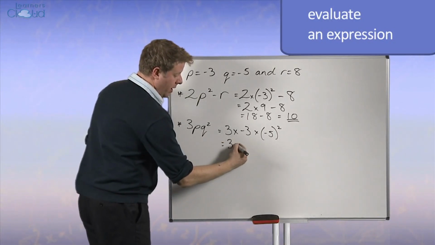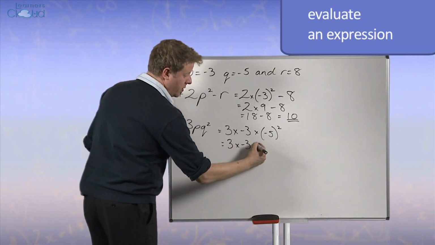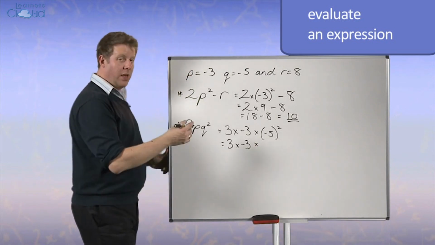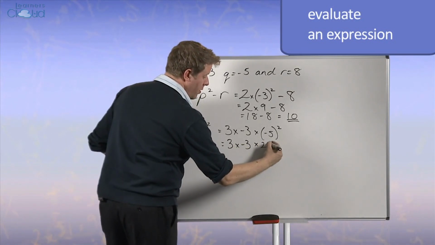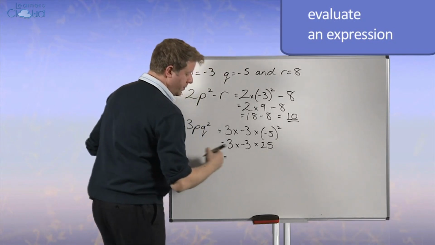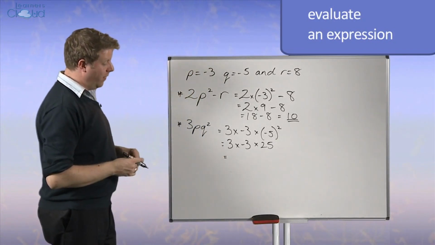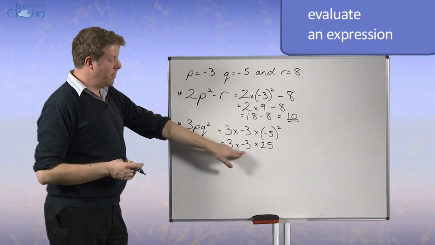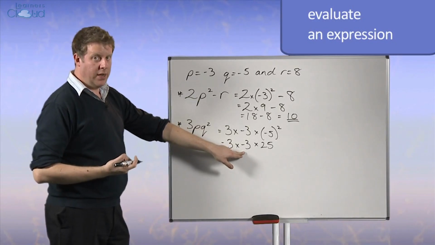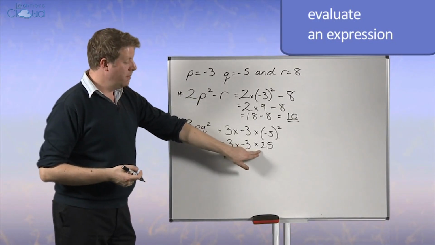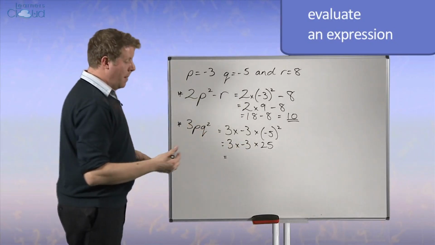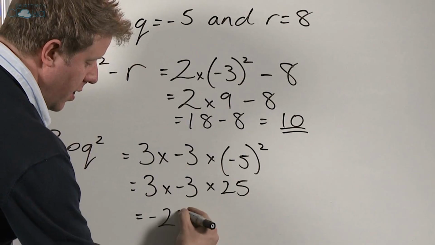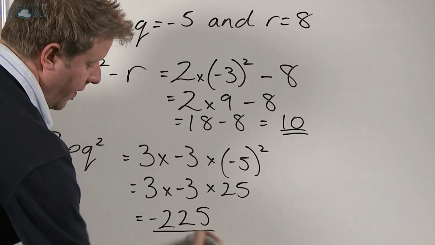So minus 5 squared gives me 25. Now we can simplify. 3 multiplied by minus 3 is minus 9, and then minus 9 multiplied by 25 gives me an answer of minus 225.